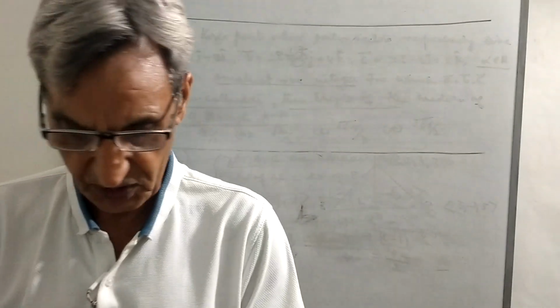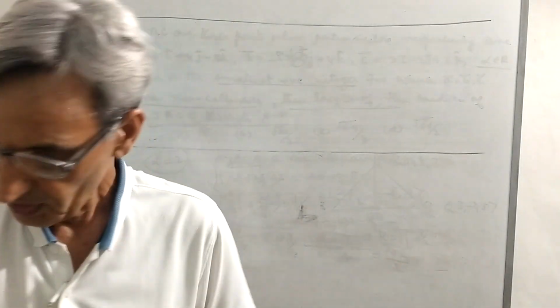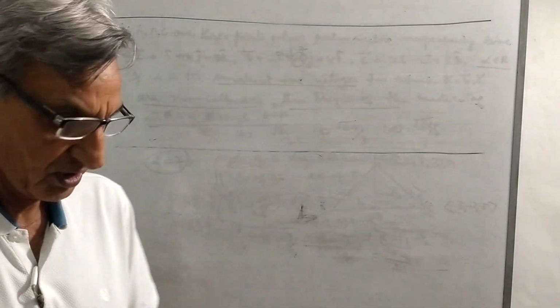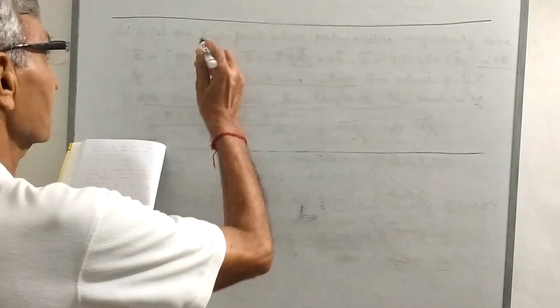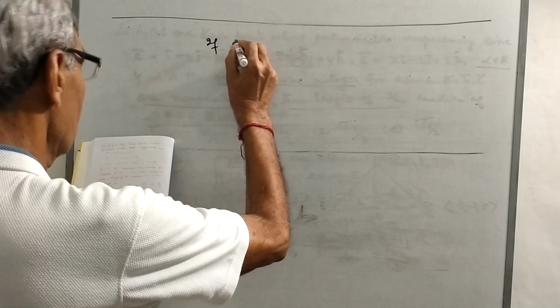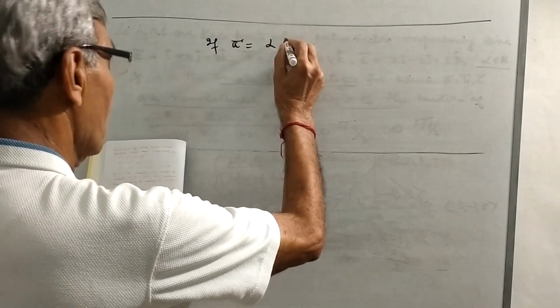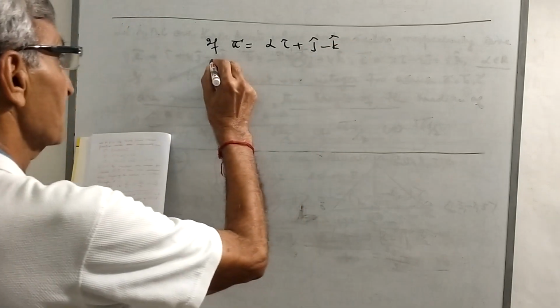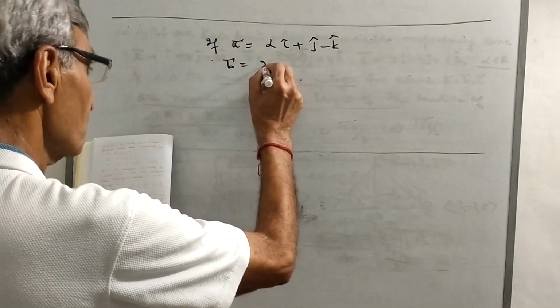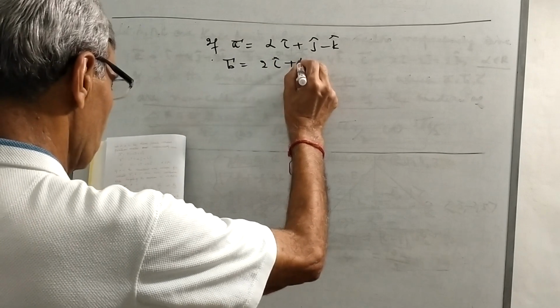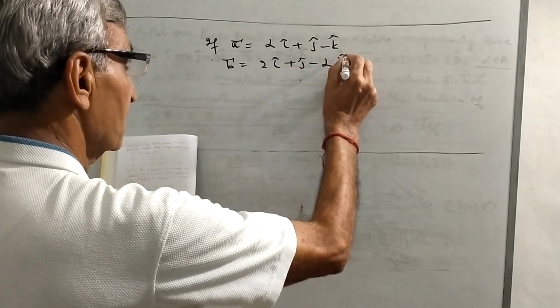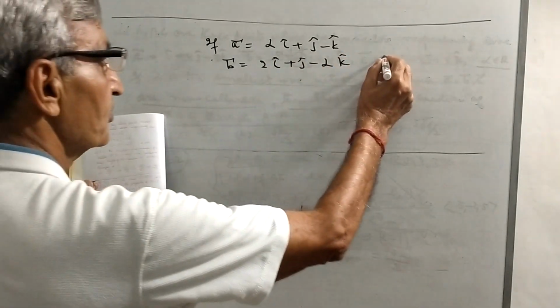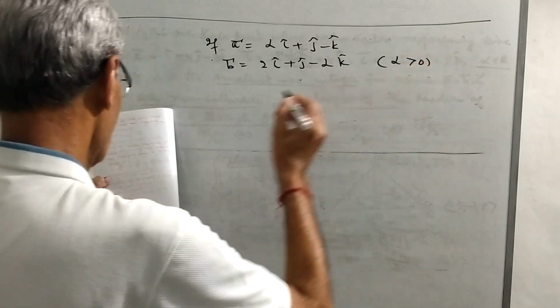Here my question is, if A is a vector alpha into i plus j minus k, and B is a vector 2i plus j minus alpha k, and alpha is positive, friend, alpha is positive, it is given here.